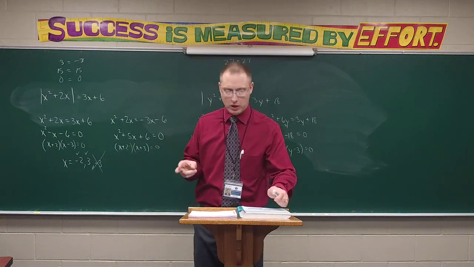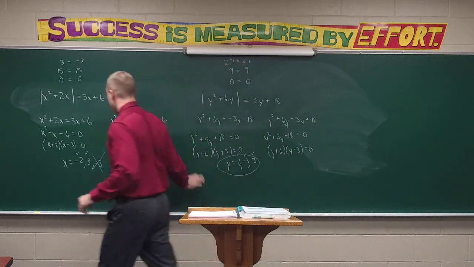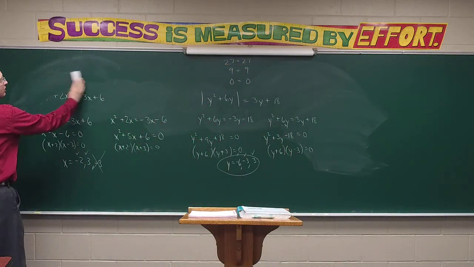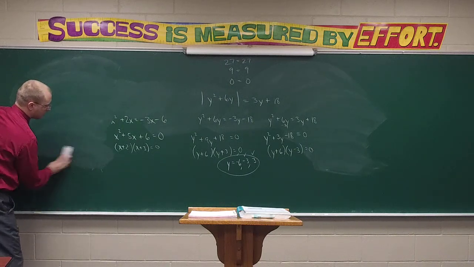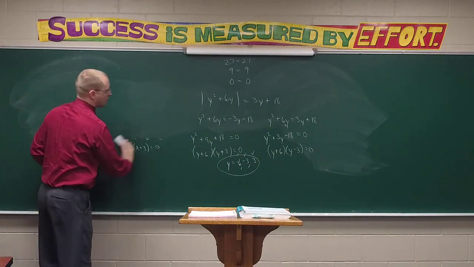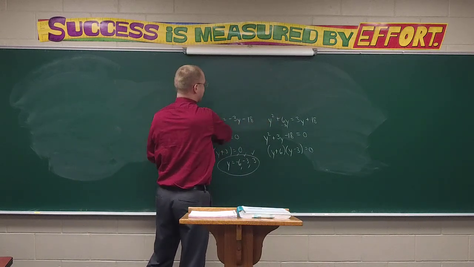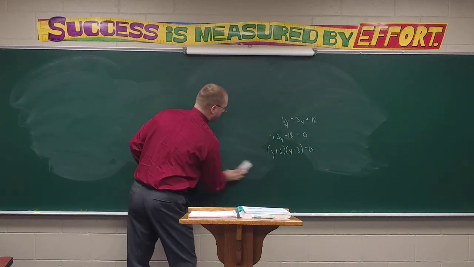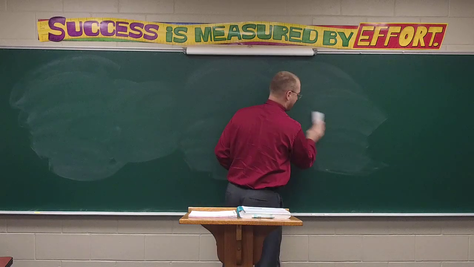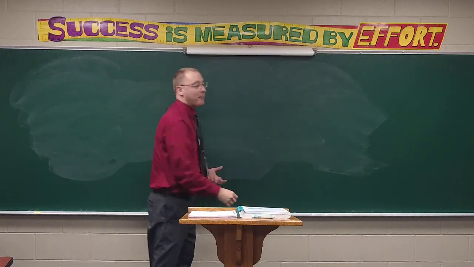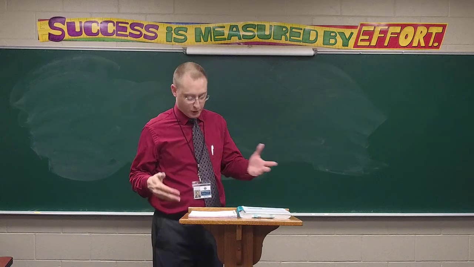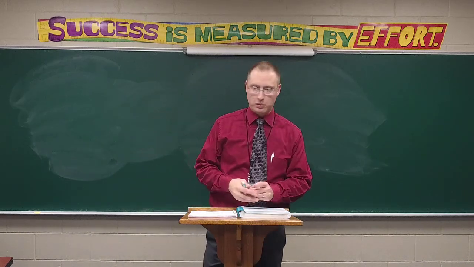How do I know which one is which? Audrey? The dependent variable is before the equal sign. Good, or another way to say it is by itself, right? The dependent variable is by itself, and then the independent variable is usually written to the right side of the equal sign, but it's not by itself. And of course, any numbers that are worked into the equation, we just call those constants.